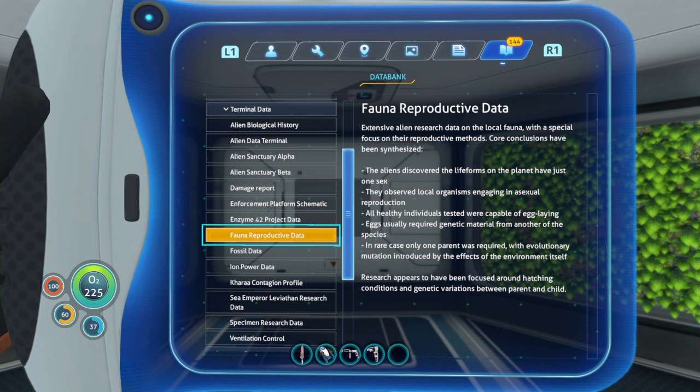Eggs usually require genetic material from another of the species. In rare cases, only one parent was required, with the evolutionary mutation introduced by the effects of the environment itself. Research appears to have been focused around hatching conditions and genetic variations between parent and child.